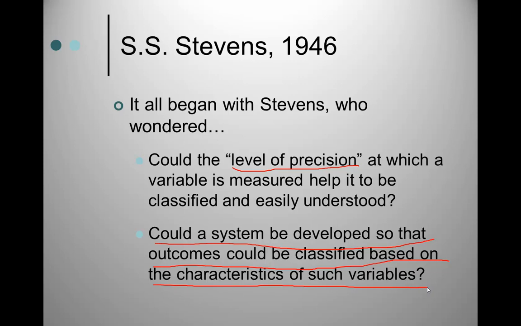Can we develop some kind of system of measurement so that we can measure these outcomes on the variables that we're trying to test, and make sense of that variable no matter who's testing? Whether I'm testing here in Crowley, or somebody's testing up in Shreveport, and a student moves down here to Crowley and they have COMPASS scores, and I read those COMPASS scores, can I make some valid assumptions about that student's ability just based on those scores?